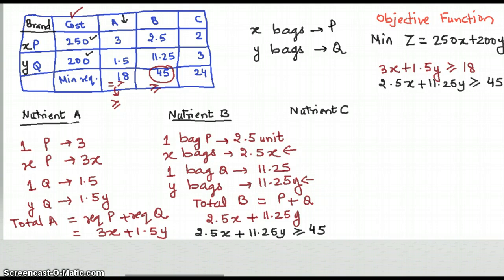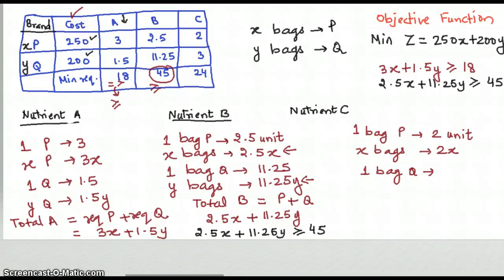Now we will work on the third constraint for nutrient C. Working in the same way, one bag of brand P needs 2 units of nutrient C. So X bags require 2X units. Similarly, one bag of Q requires how many units of C? Q for C is 3. How many bags of Q are we producing?